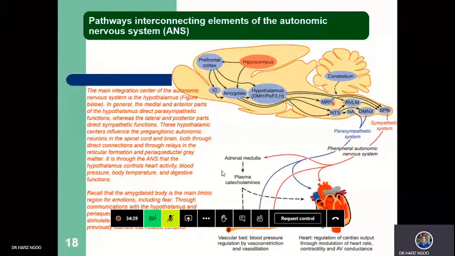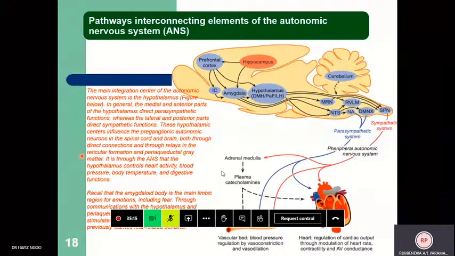So all these have an influence on the sympathetic and parasympathetic nervous system, whereas the hippocampus is modulating all these. The thin blue line is the parasympathetic nervous system, and the red one shows you the sympathetic nervous system.